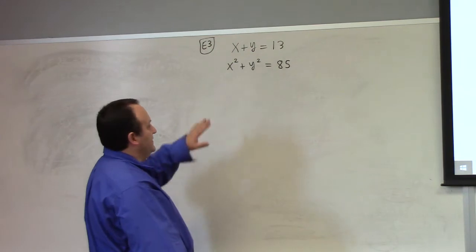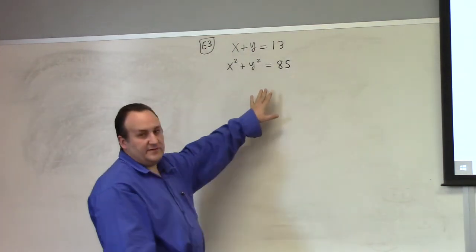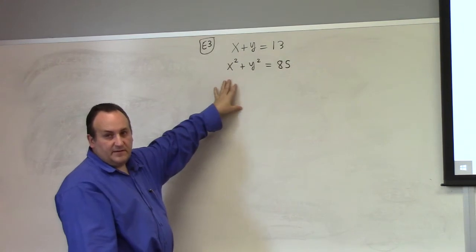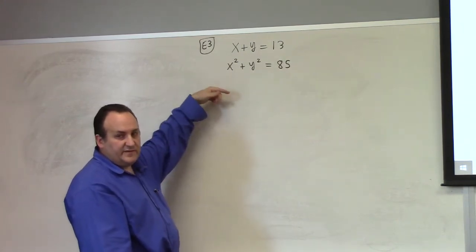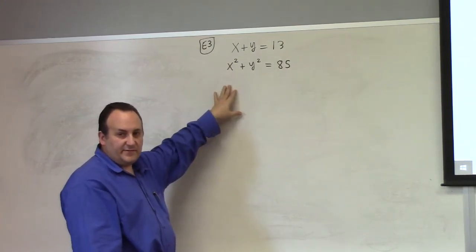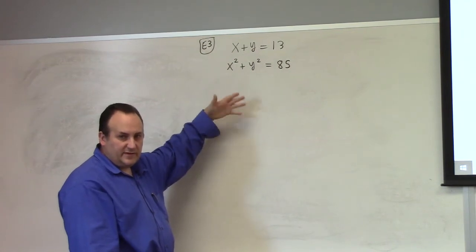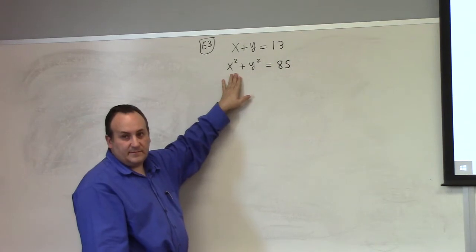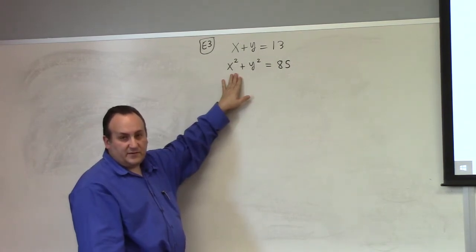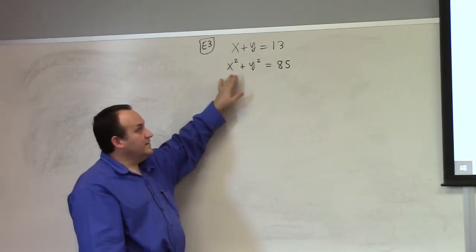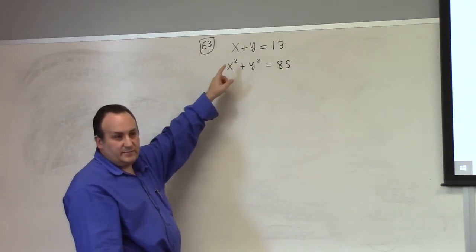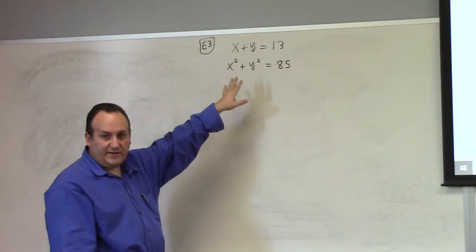But here, again, we can think of this geometrically, because each equation corresponds to a graph, right? To find a solution to both of these at once is to look for intersection points of the graphs. So we can anticipate what we should be looking for. Because x squared plus y squared equals 85 is a circle, and the top one, x plus y equals 13, is just a line with slope minus 1 and y-intercept 13, right?